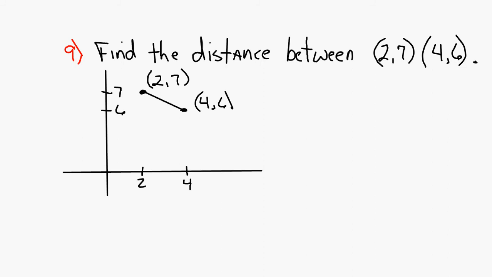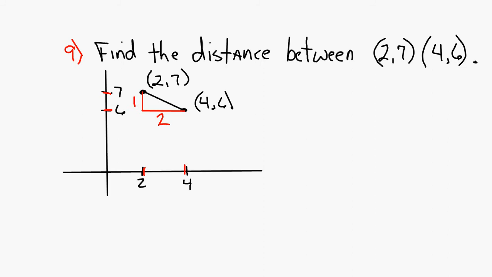If you connect those two, you can turn it into a right triangle. Your horizontal leg goes from 2 to 4 on the number line, so it goes 2 units. Your vertical leg goes from 6 to 7, so it goes 1 unit.